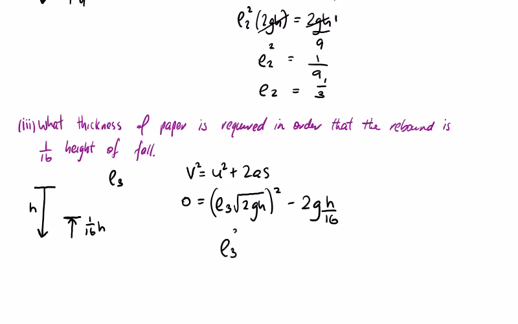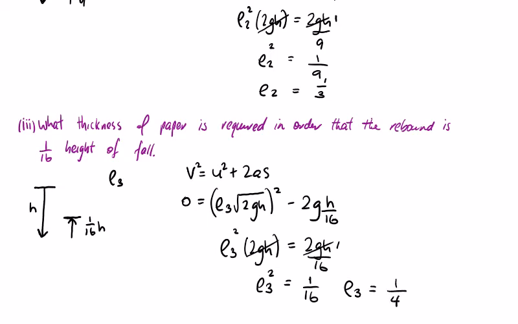So E3 squared by 2gh is equal to 2gh over 16. Divide across by 2gh, we're going to get E3 squared is equal to 1 over 16. So E3 will be 1 over 4. Now we need to look at the relationship between E1, E2, and E3 with no paper, the paper of 2.5 centimeters, and that's what they're looking for in this part, what thickness of paper.